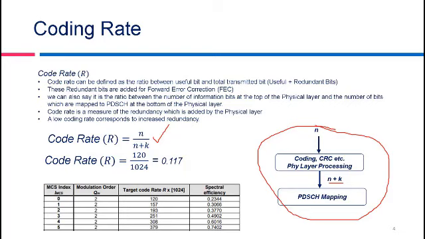So we can take the very first row, where we can see 120, and this 120 is the actual bits, whereas the total bits transmitted for this modulation is 1024, and the code rate for this comes as 0.117.